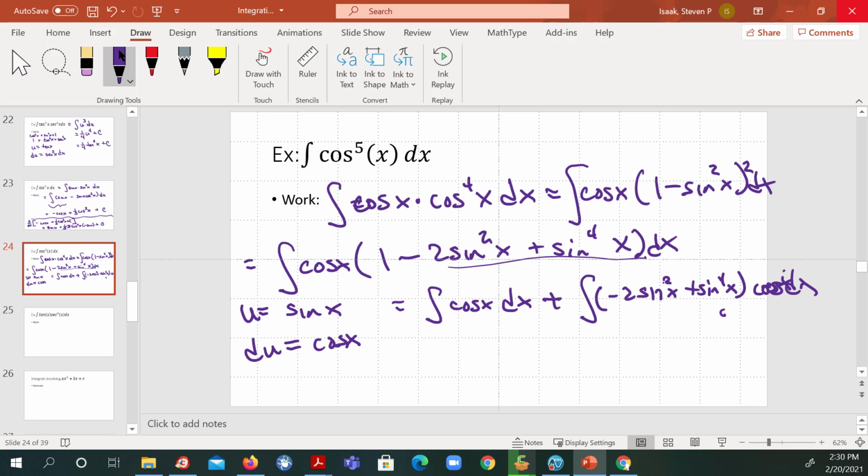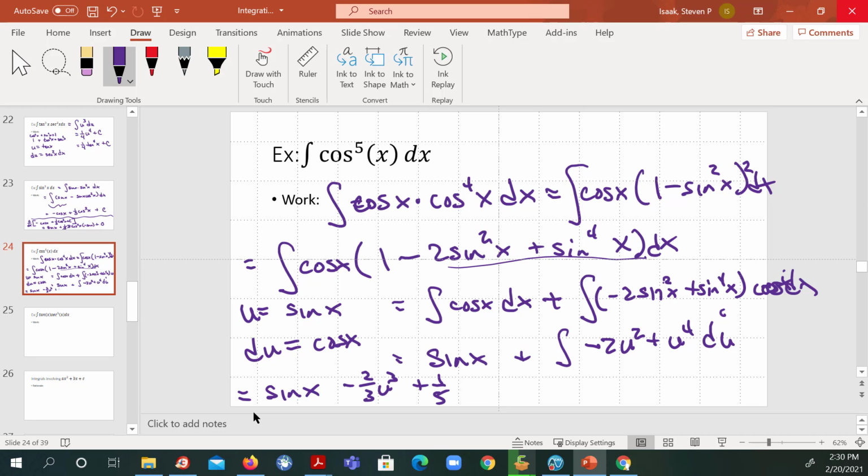cosine x dx. So what do you take the derivative of to get cosine? Better be sine x. Plus, now this is minus 2u squared plus u to the 4th du, which is the sine of x minus 2/3 u cubed plus 1/5 u to the 5th plus constant.